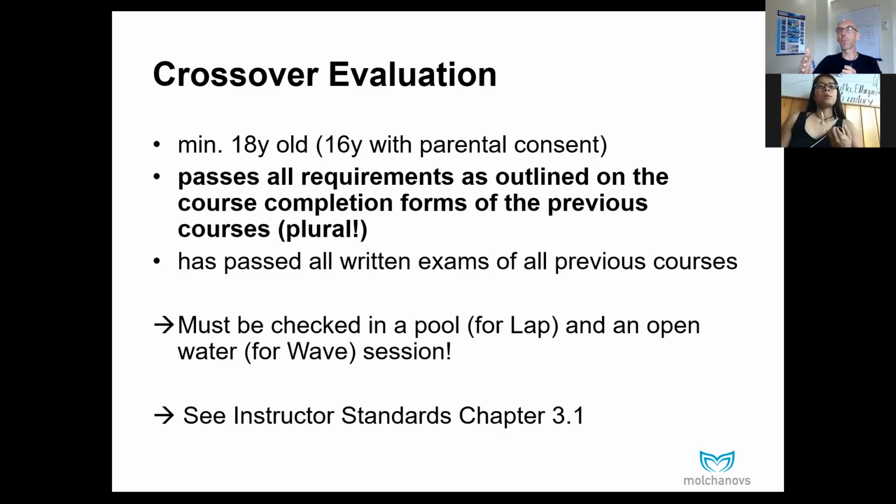Let's say, for example, this student is going to do the Wave 3 course. They need to complete the exams of Wave 1 and Wave 2, and they need to do all the Wave 2 requirements. And they must have passed all written exams of the previous courses.